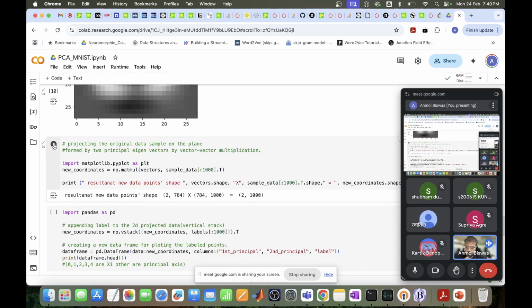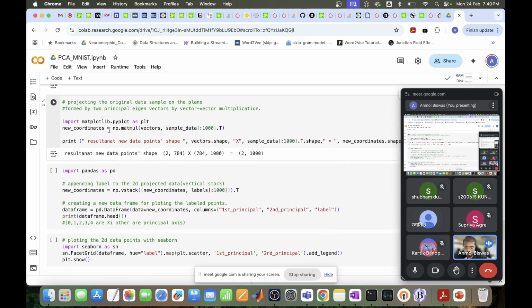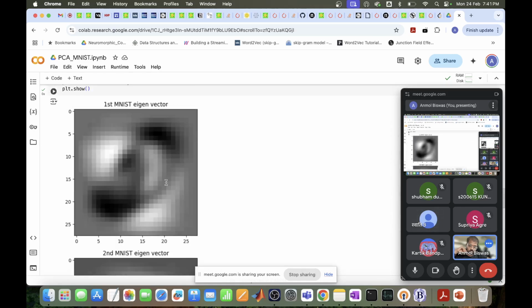And then we break this down, and so we basically project it down, right? Our original data is 784 dimensions. I have taken 1,000 samples out of it. So this is our original data, and now I am taking a projection of this data along these two eigenvectors.